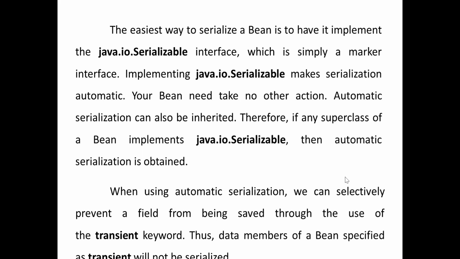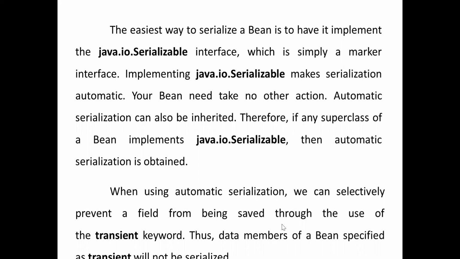java.io.Serializable. Serializable means we implement it and make the serialization automatic. The automatic serialization can be inherited, so we can use any superclass bean that implements Serializable so that automatic serialization is obtained.